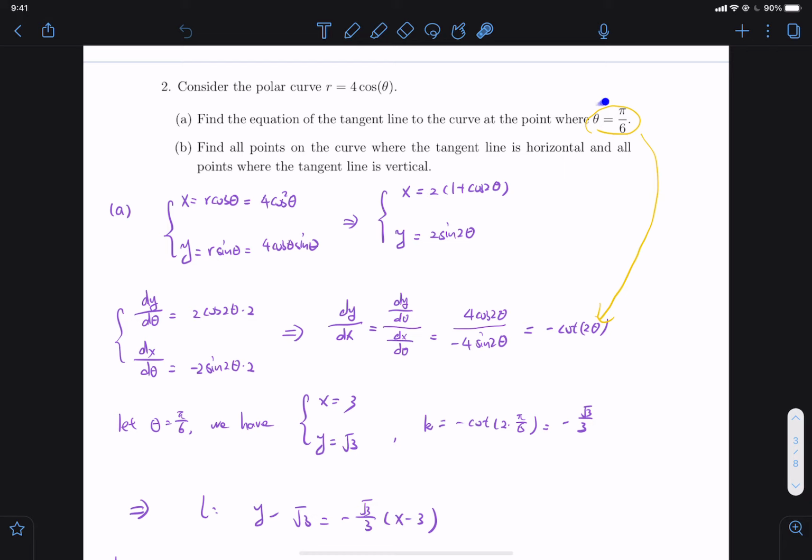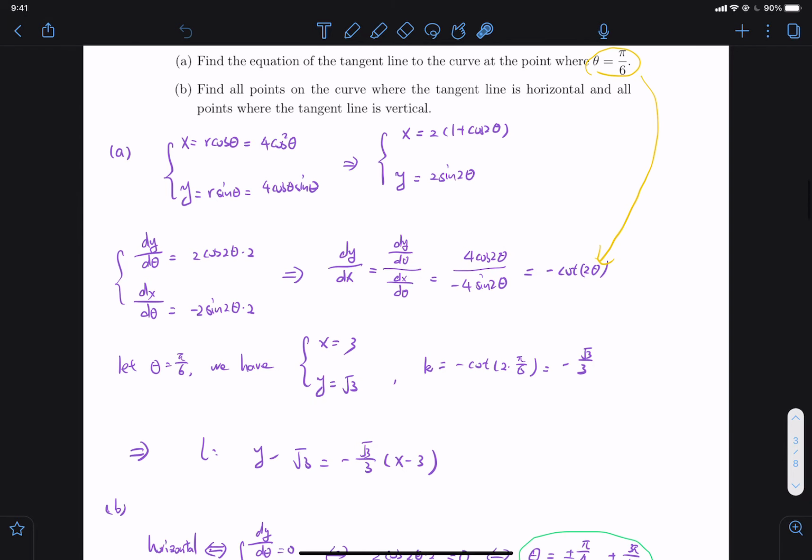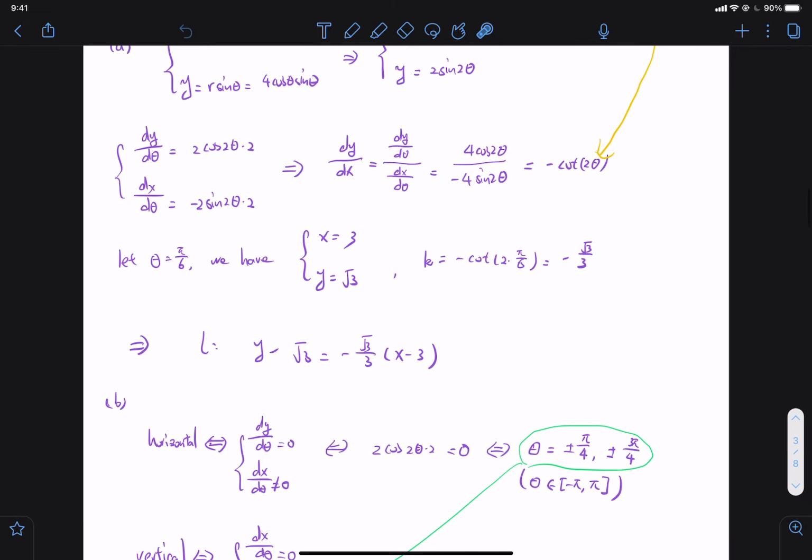So you want to find your xy coordinate corresponding to this angle. After you convert this into the parametric form, you plug in pi over 6 here to find the slope, right? And also you find your point. After you have your point and your slope, you plug that into the point-slope form to get your line. That is very straightforward, and it's also written in the solution.